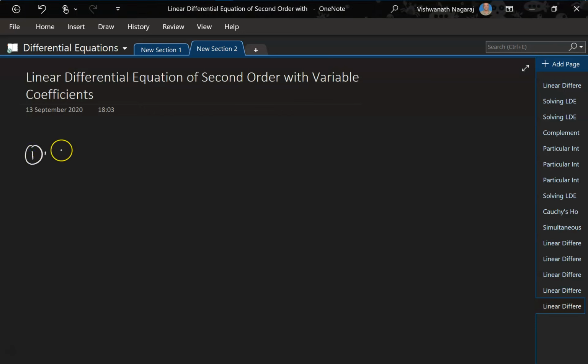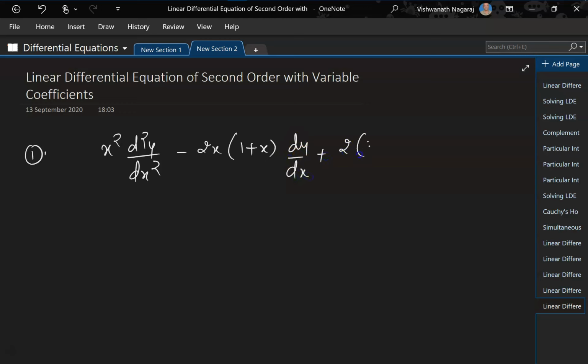principle. So let's say our first problem is x square d square y by dx square minus 2x(1 plus x) dy by dx plus 2 times (1 plus x) y is equal to x cube. And there are a few things given.